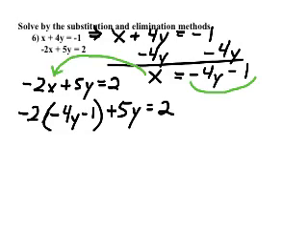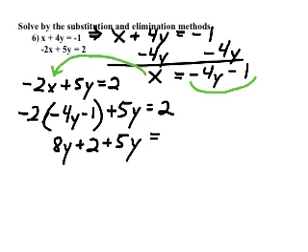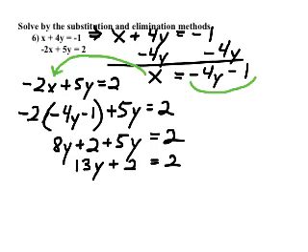Negative 2 times the negative 4y is 8y. Negative 2 times negative 1 is a positive 2. And it's plus 5y equals 2. Okay, 5y plus 8y is 13y plus 2 equals 2.